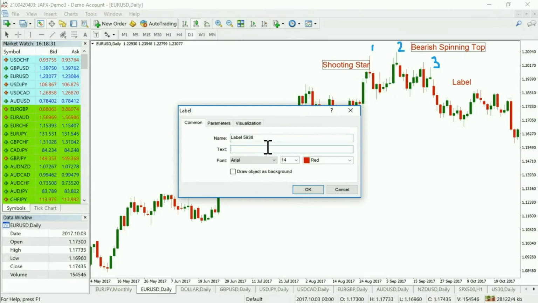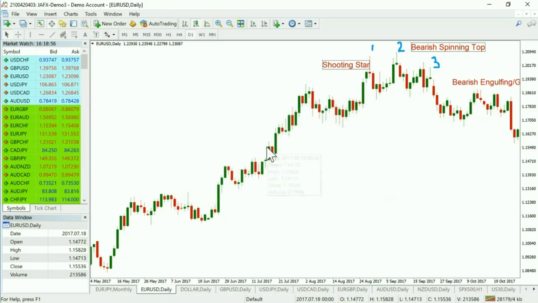And we can look and assess the characteristics of that particular candlestick. What we see is it's actually a couple of bearish candlesticks in there. So we have a bearish engulfing and also a gravestone.